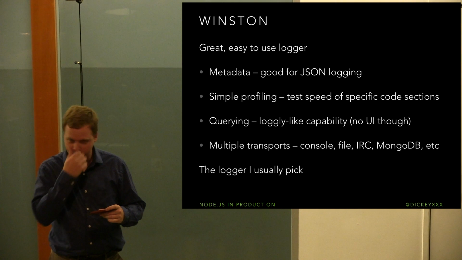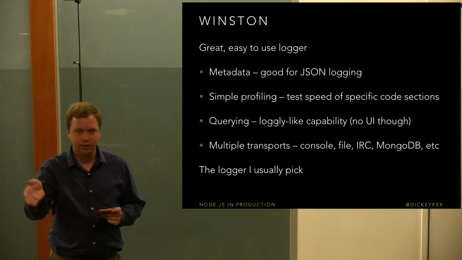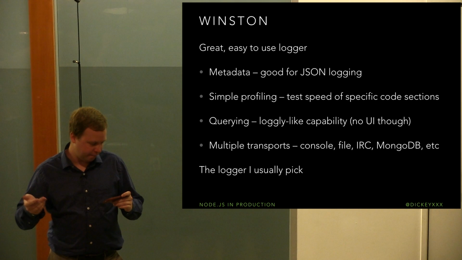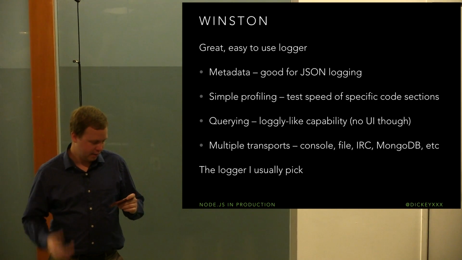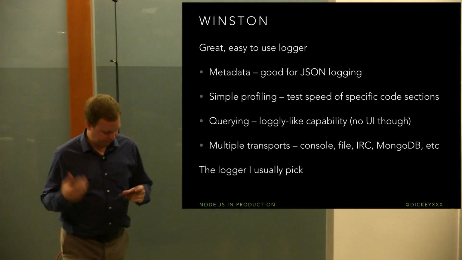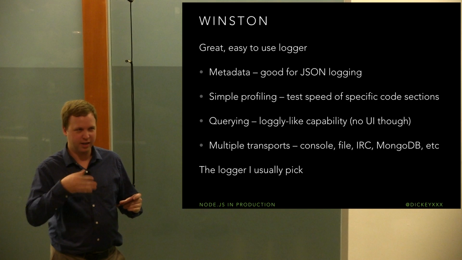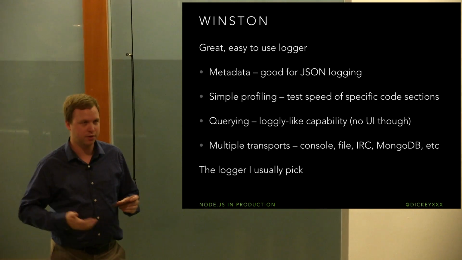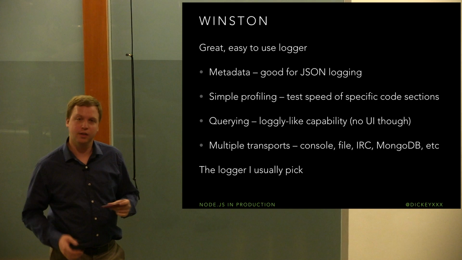And it can also do some metadata, like the request ID for this log. You can do some simple profiling, like how long a database call takes. It's really the best logger out there as far as human readability. It's much faster than console.log, and it has a lot of support. You can do fancy transports, like sending out to syslog or even LevelDB. You can do that really easily.